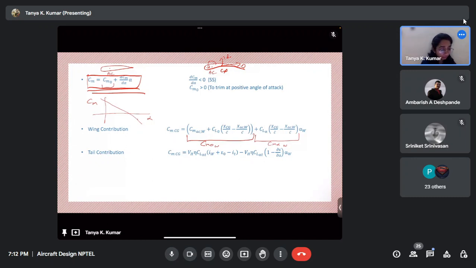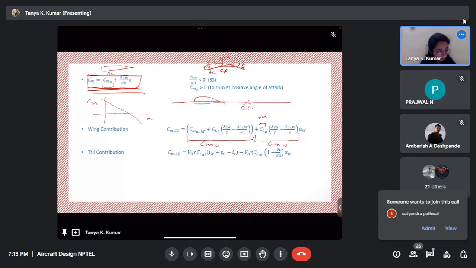Let's look at each term. What is Cl alpha? It's the lift curve slope, right? Will it be positive or negative, typically, for a typical aircraft? Positive. So this is positive. Then what about XCG minus XAC? For a typical aircraft, your wing is somewhere here.